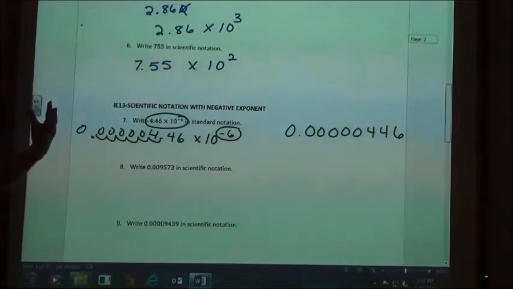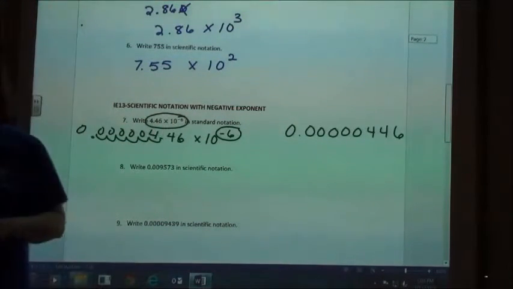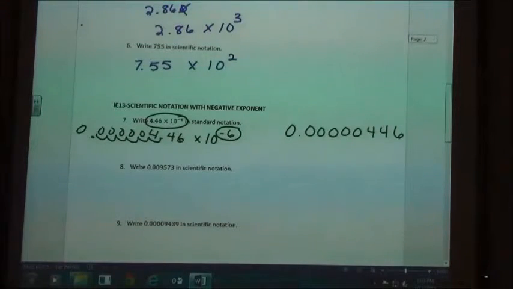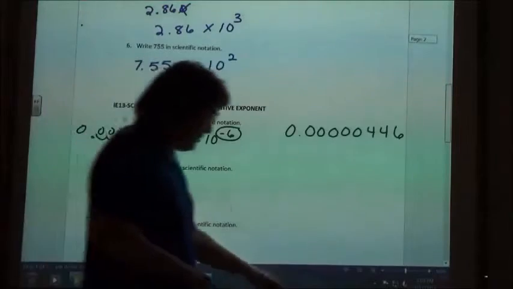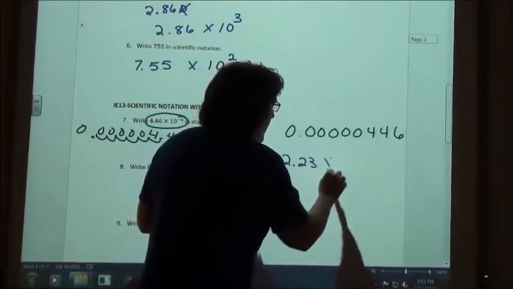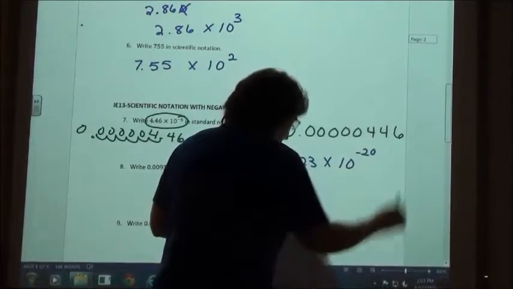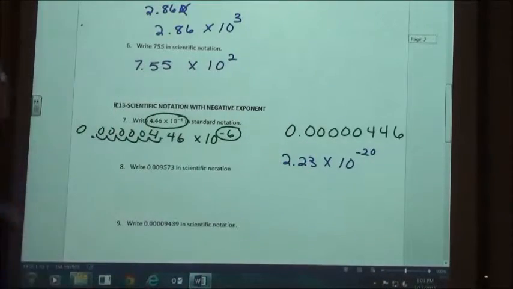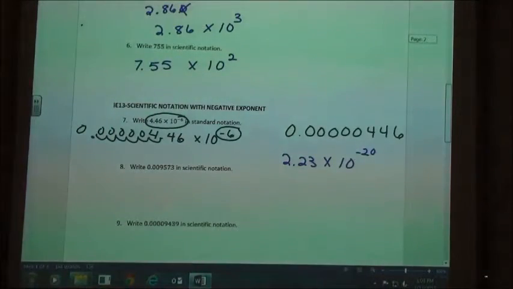Now, if your number would happen to be really small and it's too big to fit on your calculator, maybe it was times 10 to the negative 20, your calculator then is going to put it in scientific notation. So just for fun, let's do this. 2.23 times 10 to the negative 20th power. Negative 20? Yep. So 2.23 times 10 caret negative 20.